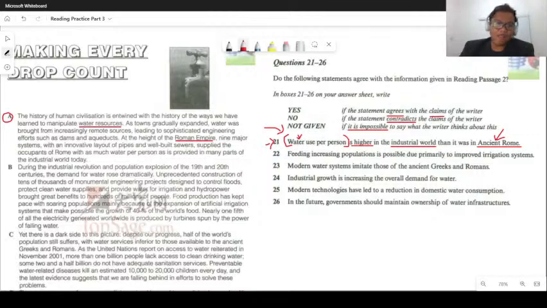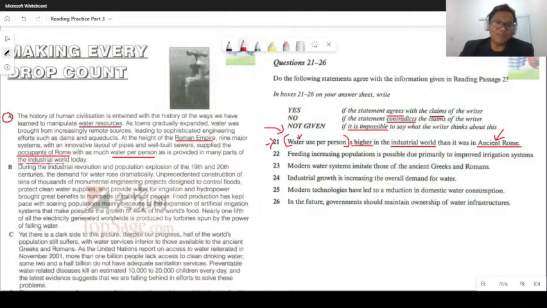Nine major systems with an innovative layout of pipes and well-built sewers supplied the occupants of Rome, right? Okay, so that is people, occupants, people, with as much water per person as is provided in many parts of the industrial world today.